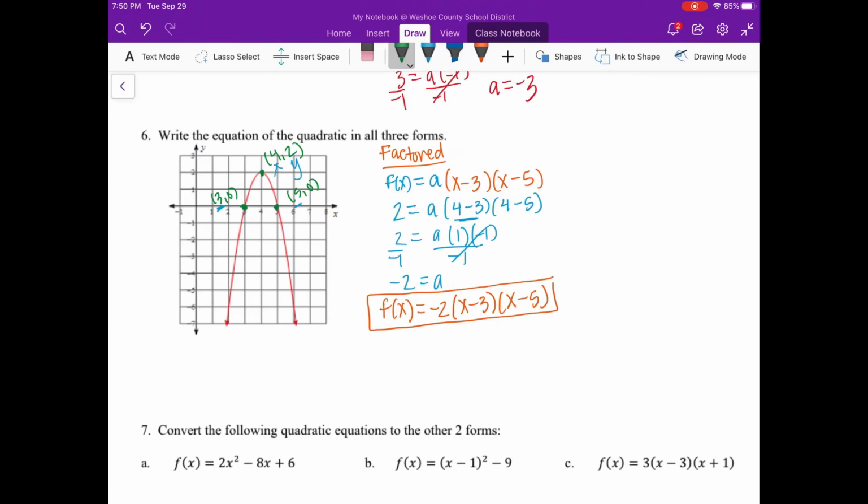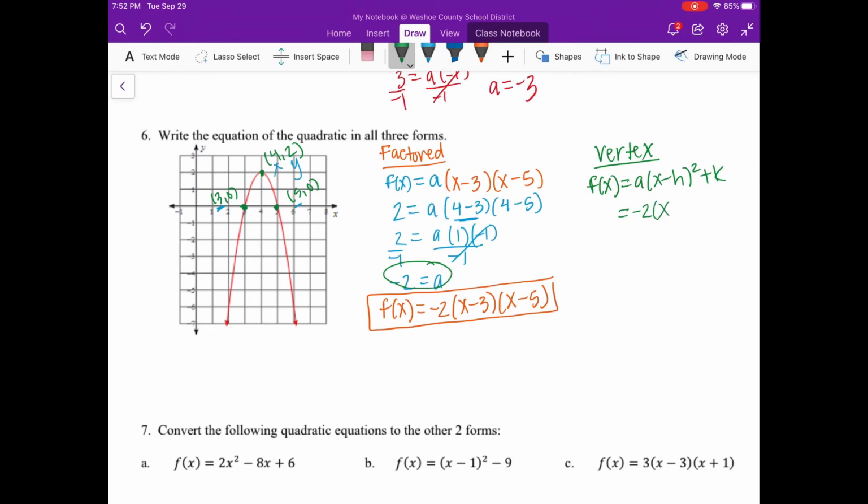So thinking about my other forms, I also have vertex form, which is another easy one once you know the vertex. So vertex form is a times x minus h squared plus k. At vertex form, we have a, which we found over here when we did the factored form. And so using a is -2, I'm going to substitute a with -2.